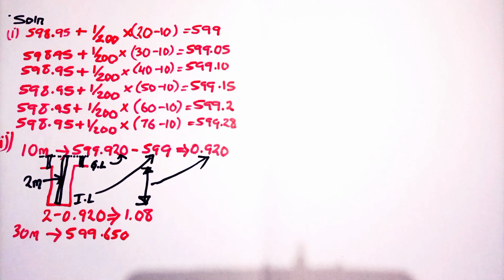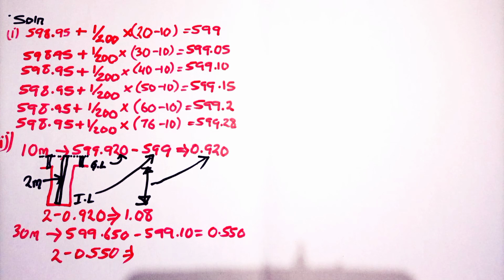Then also for the 30 meter, we are going to use the ground level from the table there, minus the invert level that we had calculated in Roman 1. The difference in the two, we subtract from the boning rod, which is 2 meters long, and we get our answer.